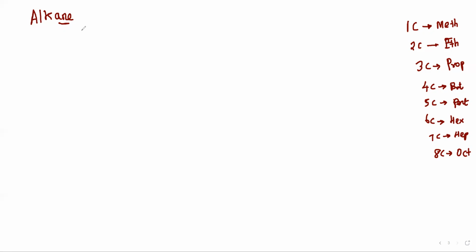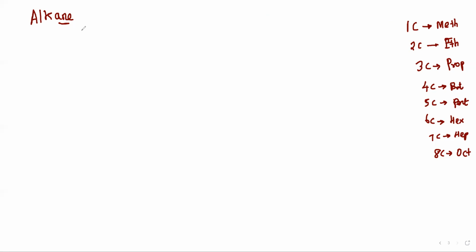So that is the prefix. The prefix can be decided from the number of carbons, and the end portion, the suffix, can be decided from whether it is alkane, alkene or alkyne, or some other compound other than a hydrocarbon.